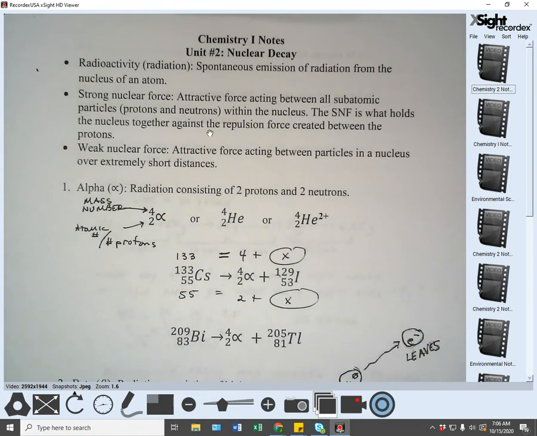The strong nuclear force is what holds the nucleus together against the repulsion force created between the protons. So imagine you have two really powerful magnets and they're repelling each other because you've got the same poles going to each other. But if you're anything like me, sometimes you want to just screw around and you want to mash those together. You want to see if you're stronger than the magnetic force, right?